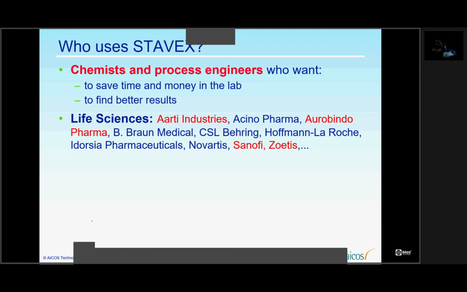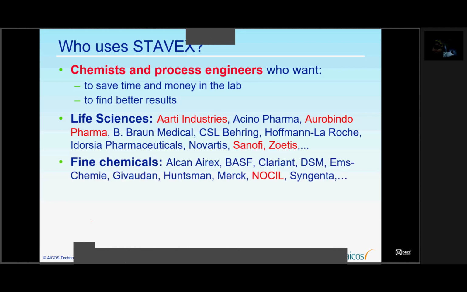Also, of course, the software is also used in fine chemicals. So there you find also large world companies like BASF or Givaudan in the flavor area, or Huntsman in the polymers. In India, Nosil is one customer there in Mumbai.